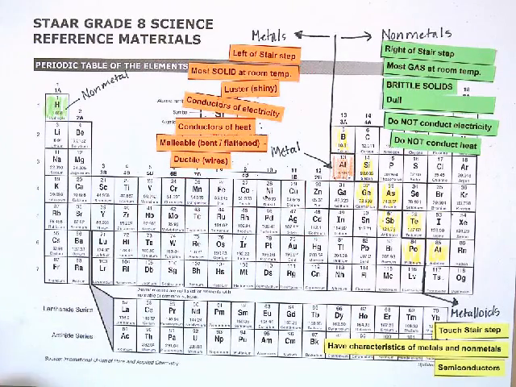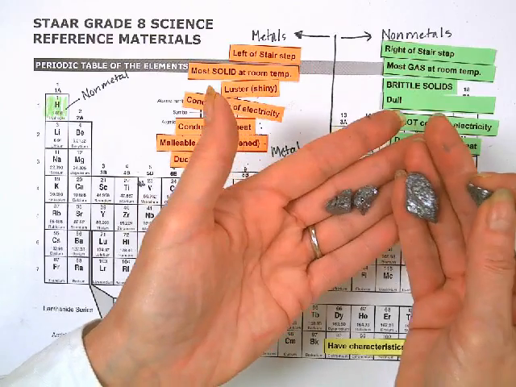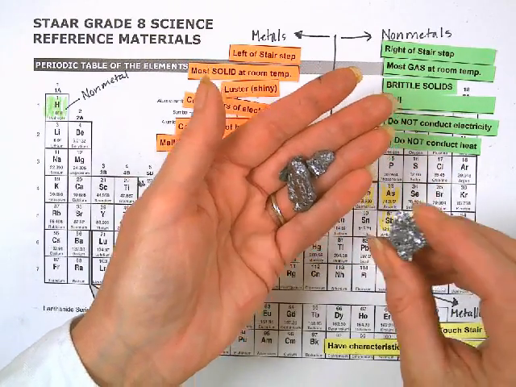And if I take it out, you can see that, remember, metalloids have characteristics of both metals and nonmetals. And if I look at this carefully, not only is it very brittle and breaks easily, but it's extremely shiny.